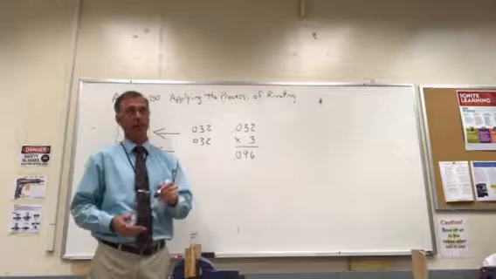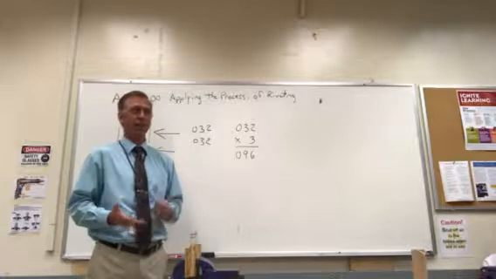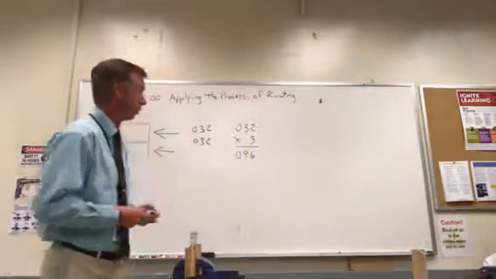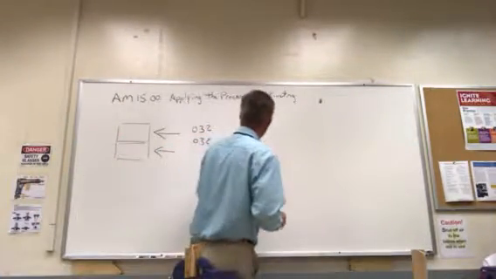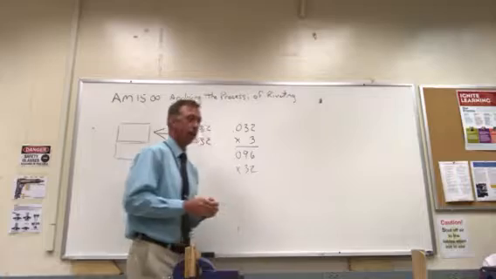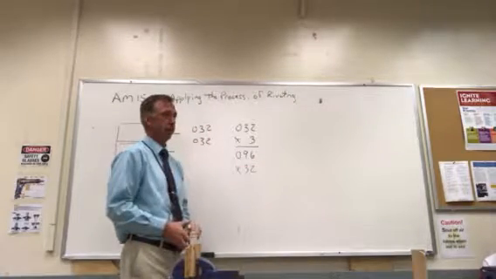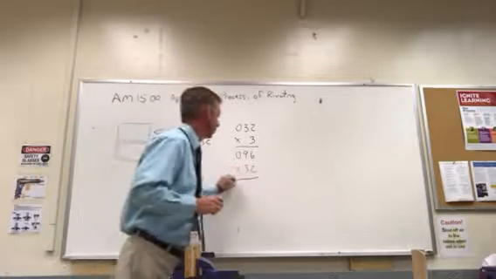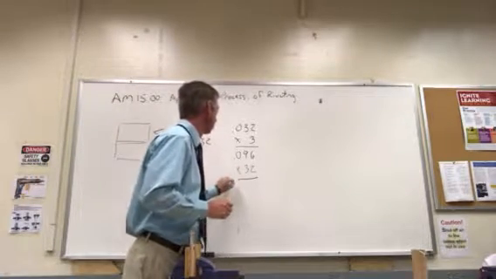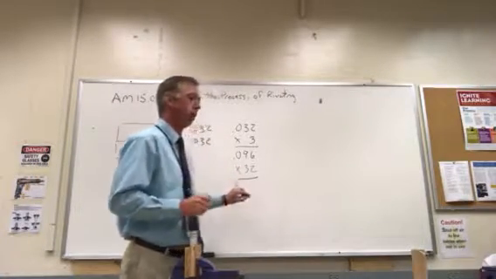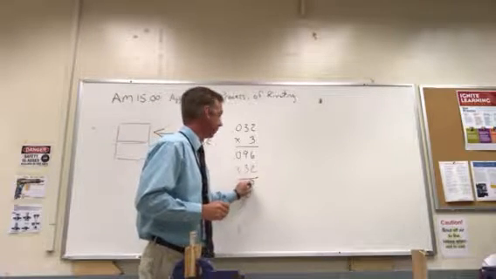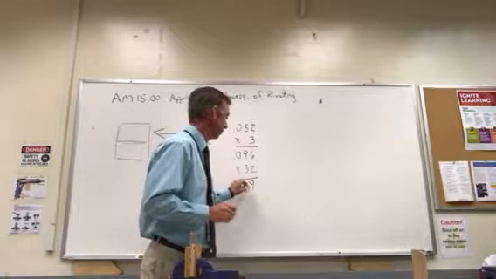If I'm looking for the diameter, what increment is that in? Is that in a 32nd or a 16th? 32nd, good. We multiply that by 32, and we come up with 3.072.